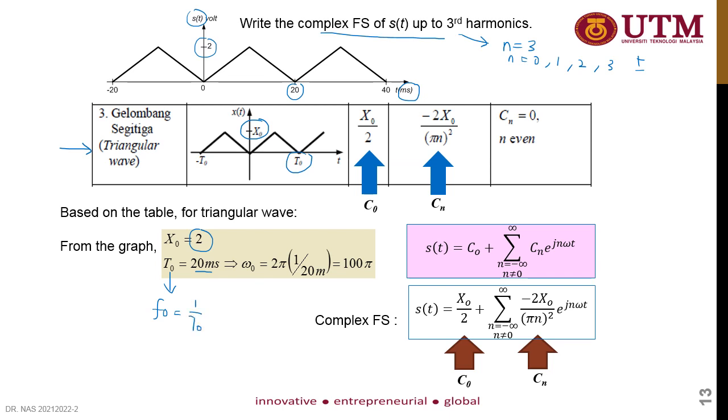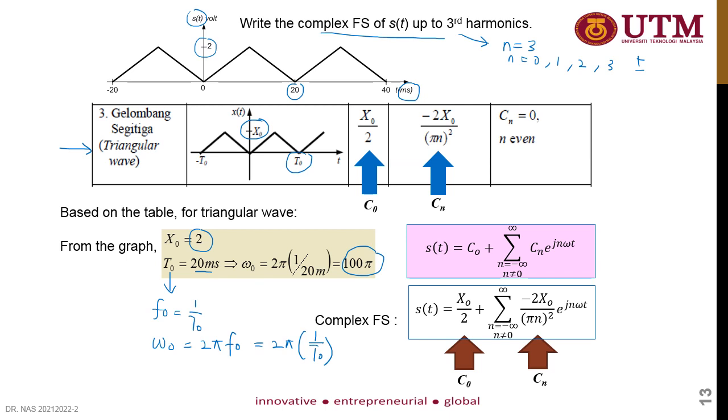From here, you can get your omega naught equal to 2 pi f0, which is equal to 2 pi times 1 over t0. So in this case, your omega naught equal to 100 pi.